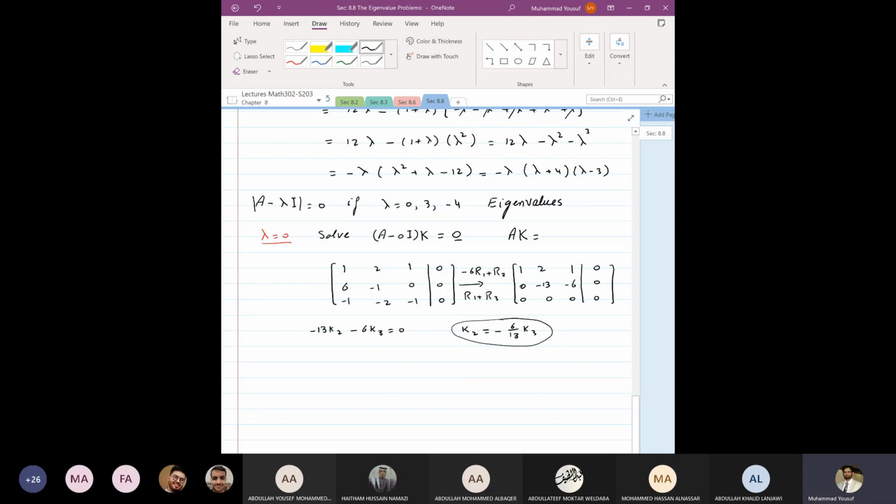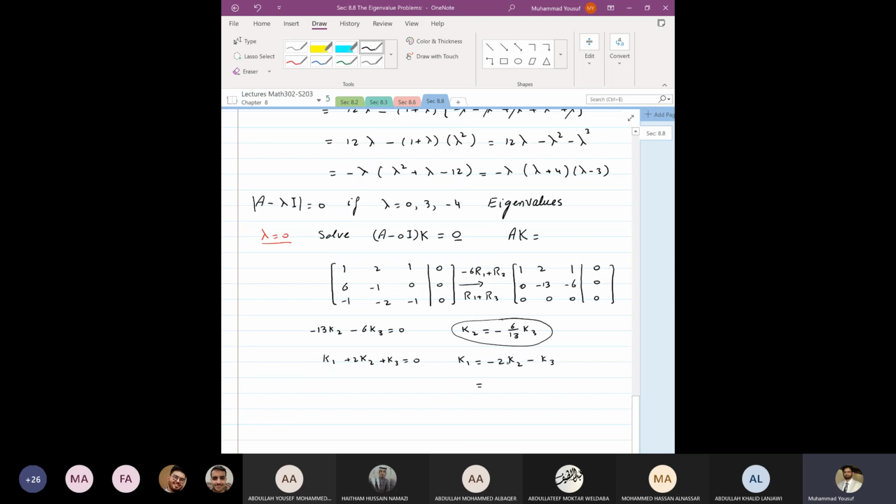So this is k2. What is the first row? k1 plus 2 k2 plus k3 equal 0. So k1 is equal to negative 2 k2 minus k3.